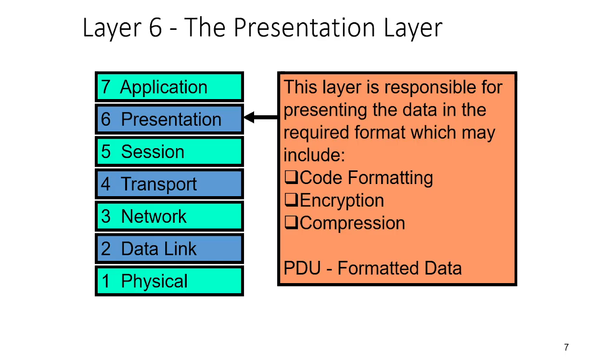This layer presents the data in the required format, which may include code formatting, encryption, and compression. For example, when a secure website encrypts your data using HTTPS, the presentation layer handles the encryption.